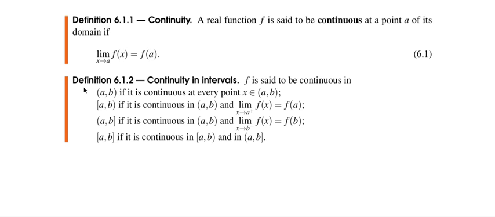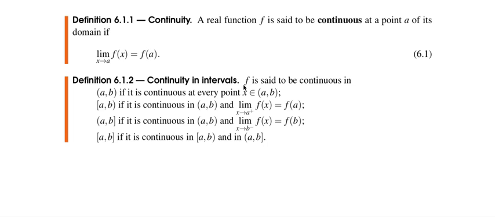And this definition can be restricted to intervals, to subsets of the domain. A function doesn't have to be continuous in all of its domain. It could be continuous in only some intervals.